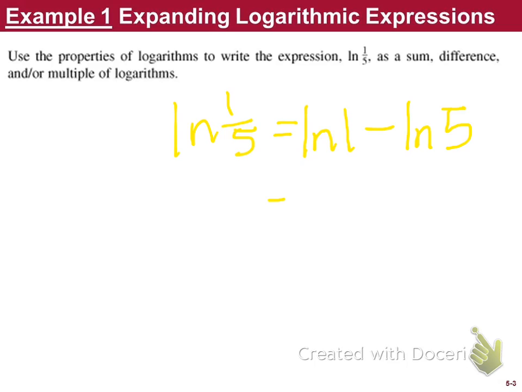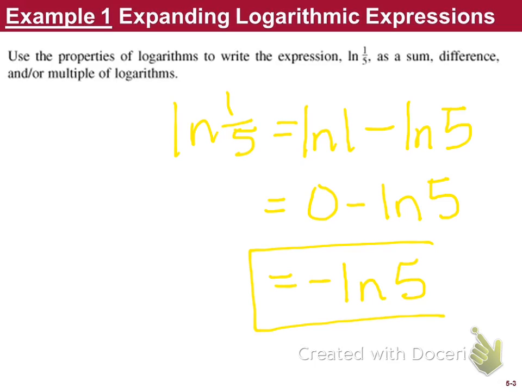Well, the natural log of 1, remember, is 0, so then we would have 0 minus the natural log of 5. So we end up with a final answer of the negative natural log of 5, or we could say the opposite of the natural log of 5.